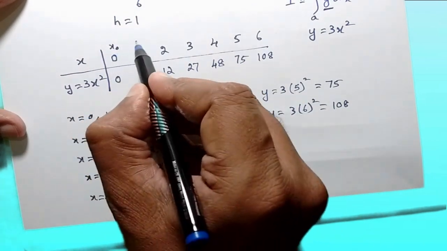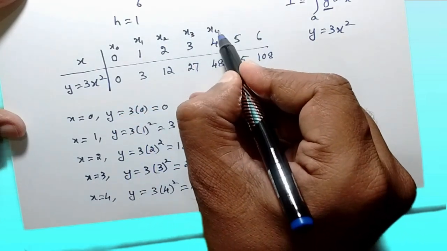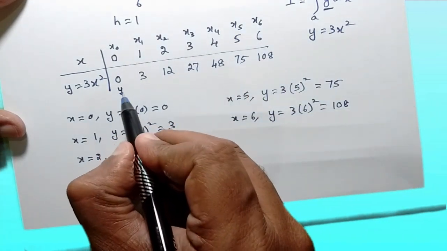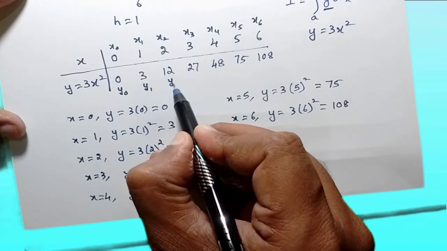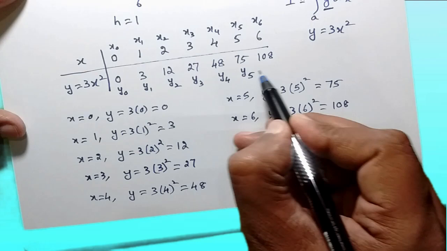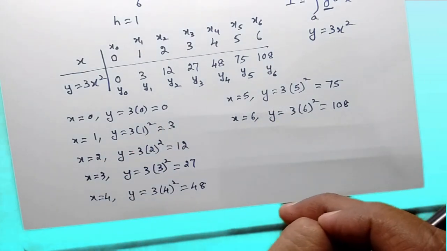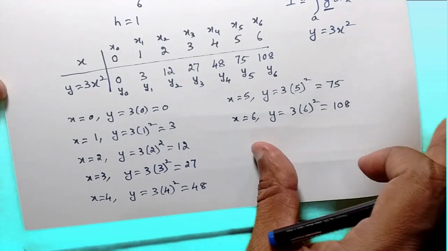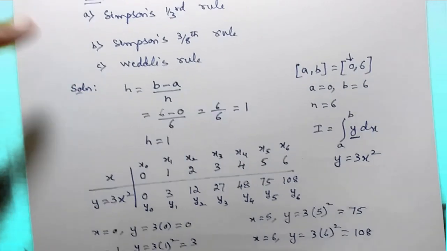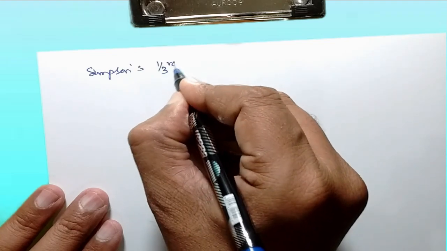This corresponds to your x0, x1, x2, x3, x4, x5 and x6 values, and the y0, y1, y2, y3, y4, y5 and y6 values. So all the values are known here. Now we have to use all these 3 rules: Simpson's 1/3 rule, Simpson's 3/8 rule and Verrall's rule. Simpson's 1/3 rule.